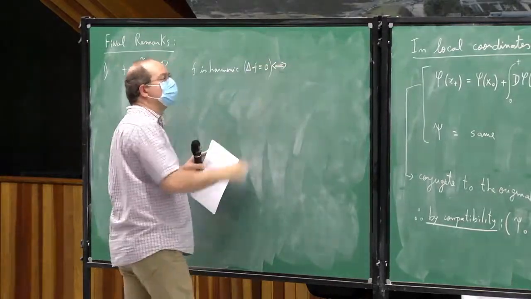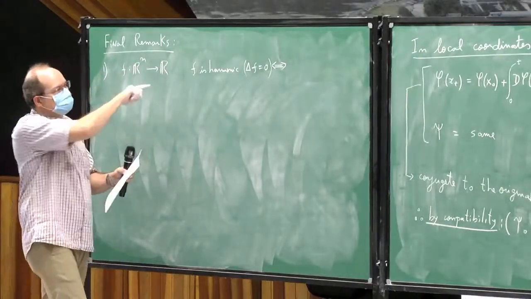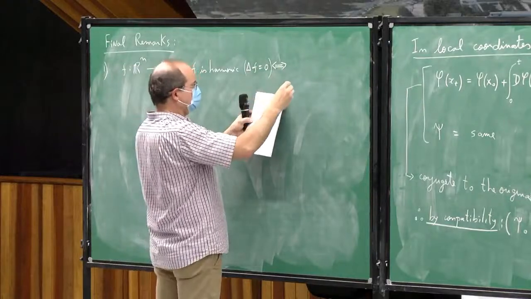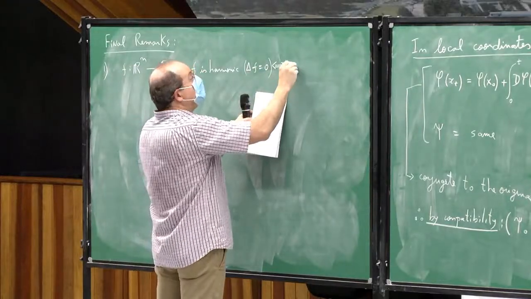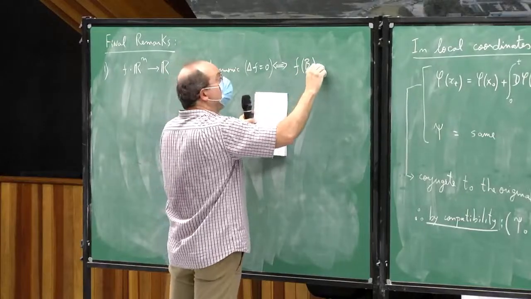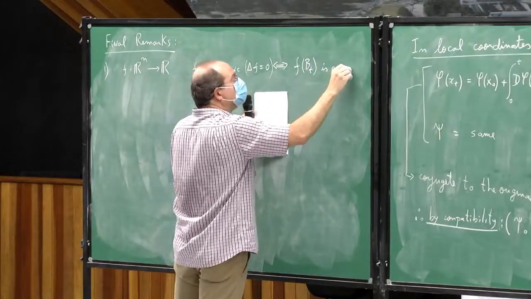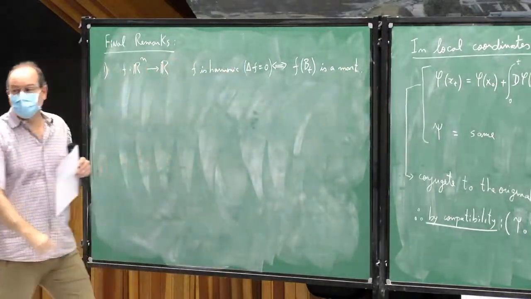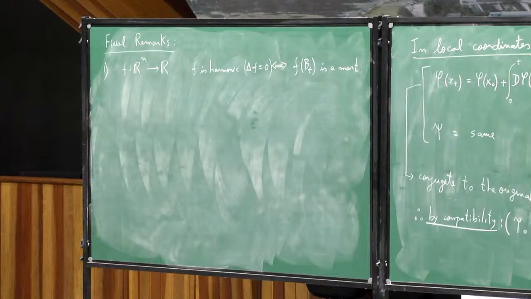This implies, in fact it is if and only if, I'm not proving the converse, f of a Brownian motion B_t is a martingale. So it's a characterization of harmonic functions in R^n, and in fact, it can be extended to harmonic mappings.